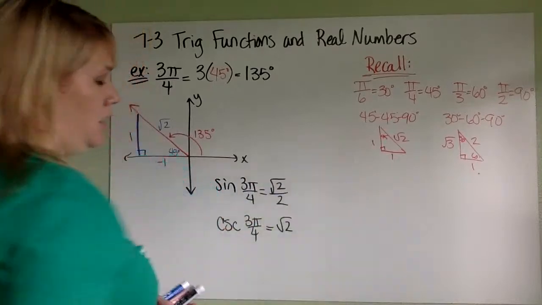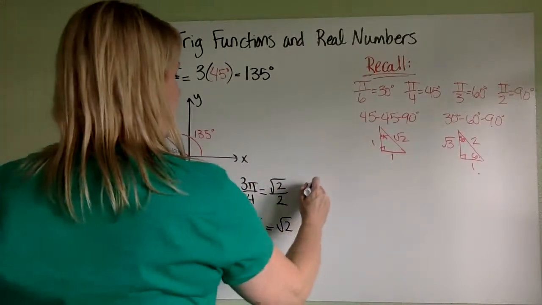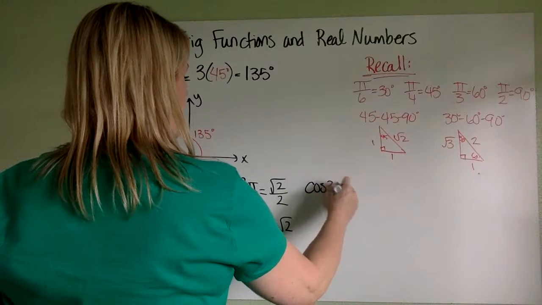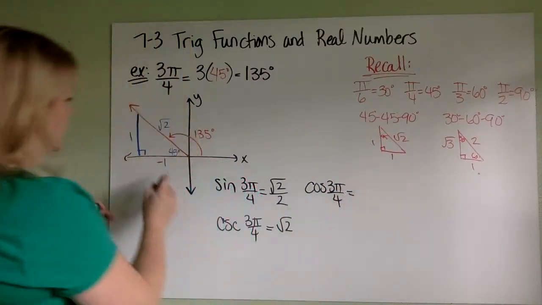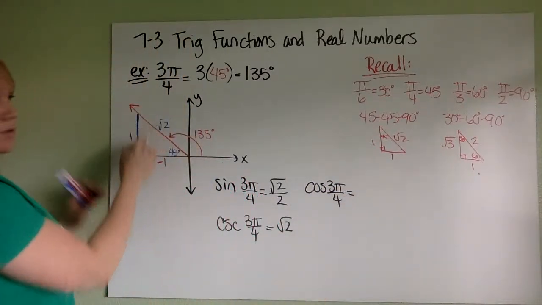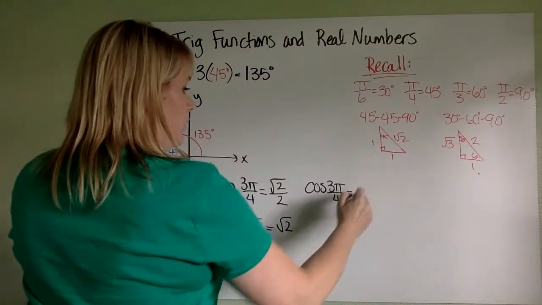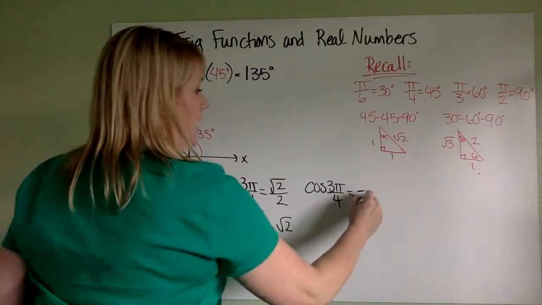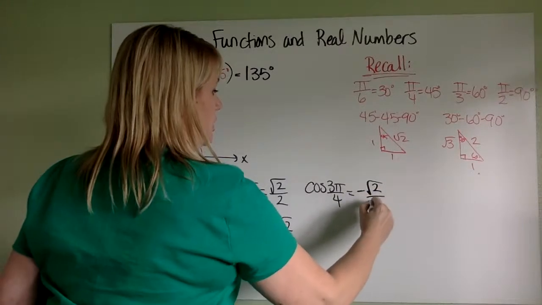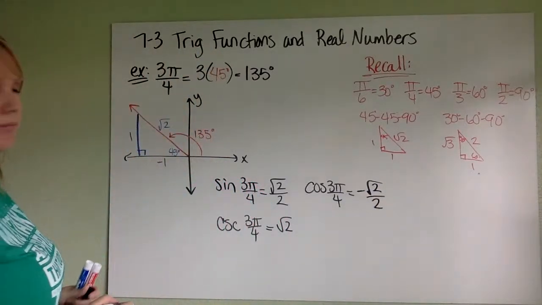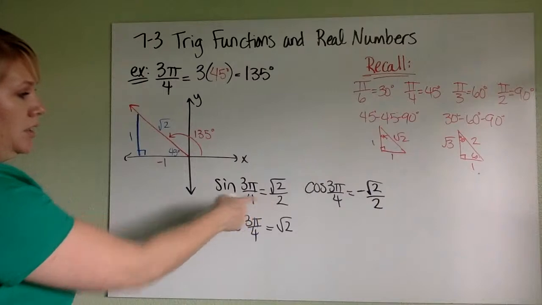Erasing that right there. The cosine is adjacent over hypotenuse. So that's a negative 1 over the square root of 2. And rationalized, it would look like square root of 2 over 2, just like what I showed a second ago for the sine.